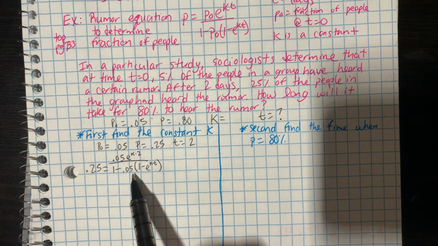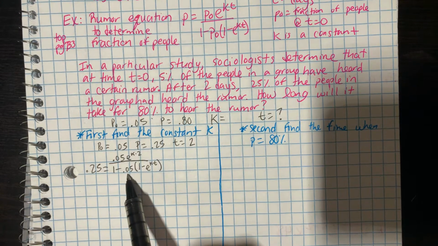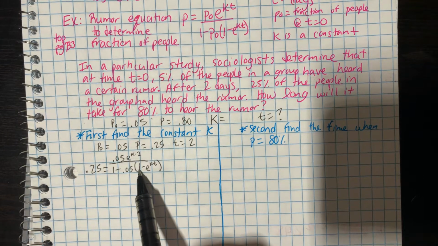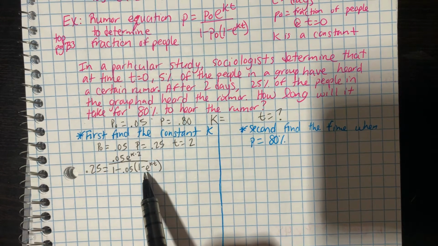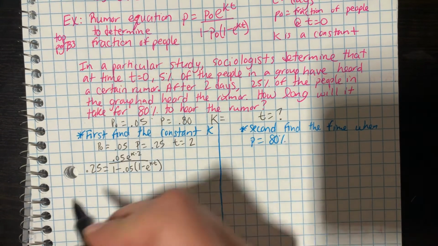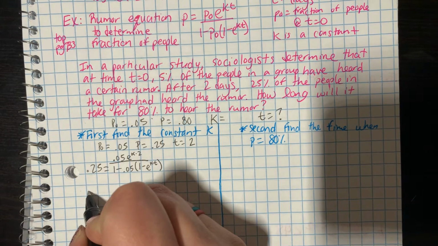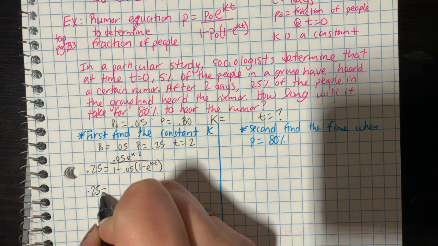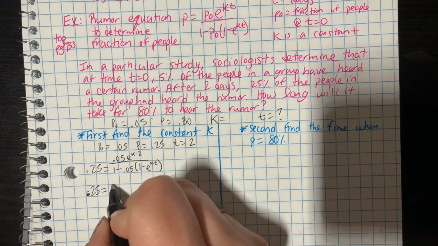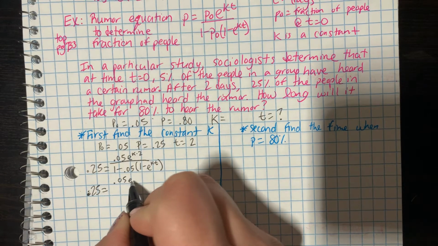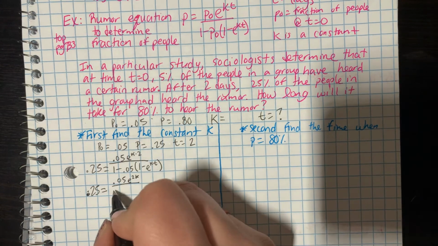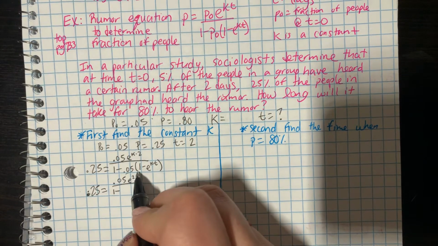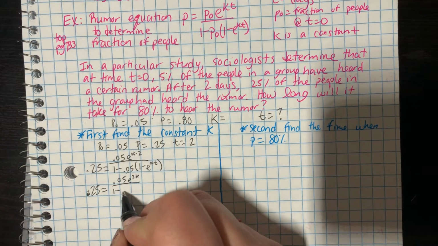We could distribute this 0.25 into here, so we have some less things to worry about. So I might do that first. So 0.25 equals 0.05 e to the 2k. It's going to make my equation a little more organized. 1 minus 0.05 times 1.